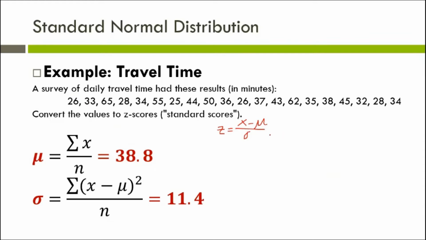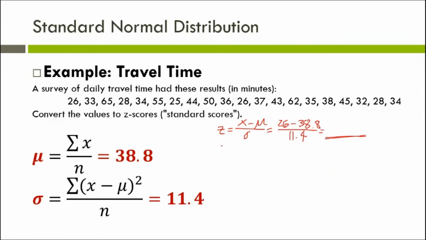So say for example, for x equal to 26, subtract our mean 38.8, and divide by 11.4. Now, since our x here is less than the population mean, we expect to get a negative value. So what do you think is the answer to this one? There should be a negative value.